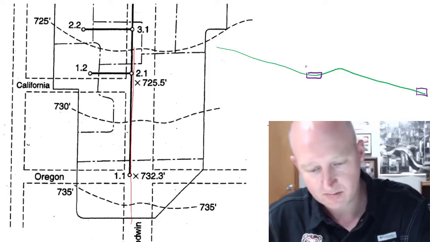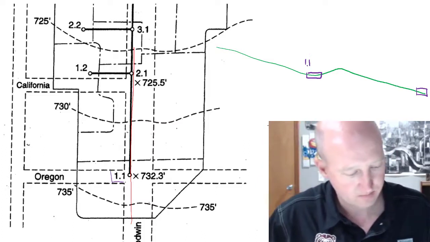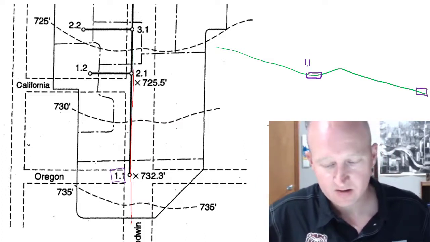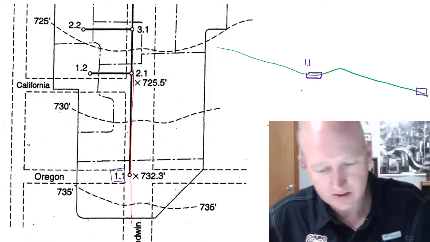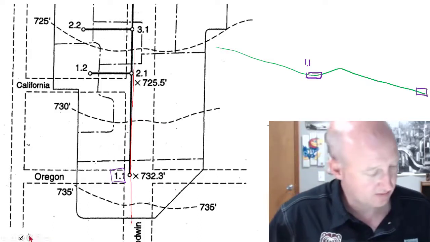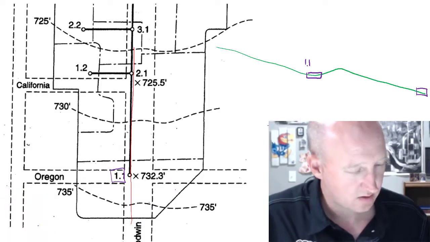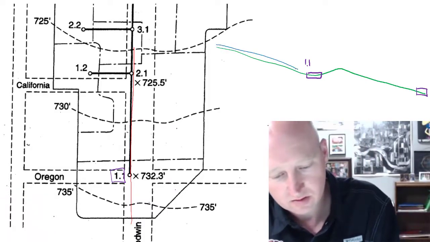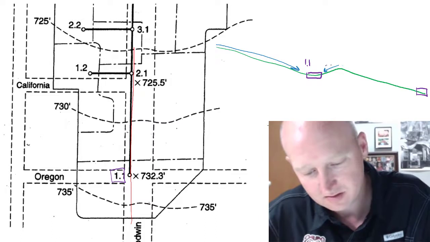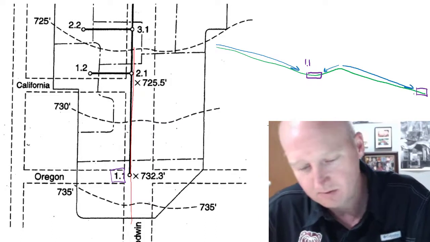So this might be 1.1, and then below grade, that's the inlet. These are typically concrete precast box structures, so water is going to run to this inlet and this water is going to run to that inlet.